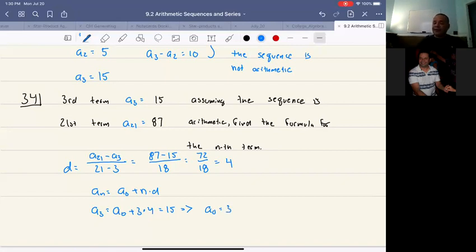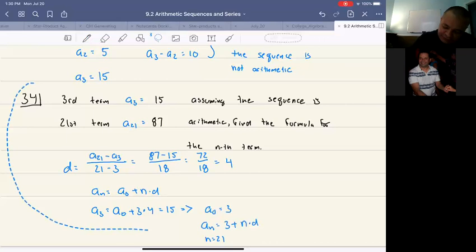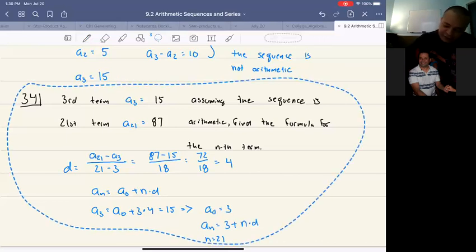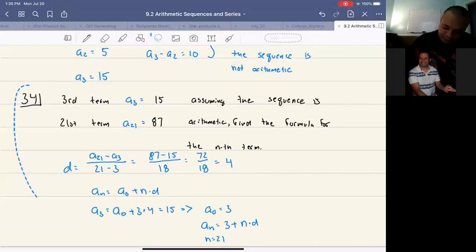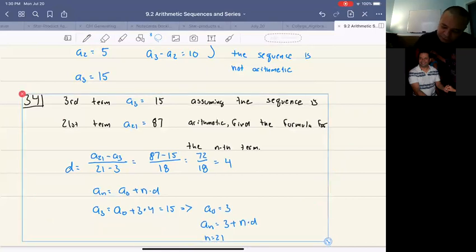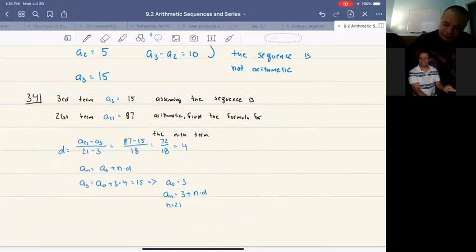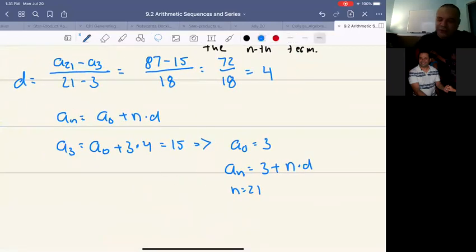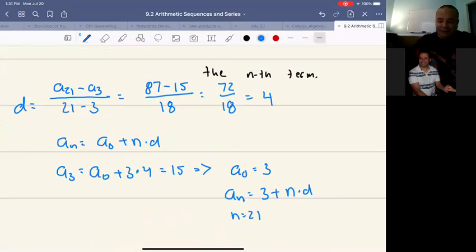Now, as a sanity check, I'm going to check the other one. So now I have my formula: a sub n equals 3 plus n times d, with d equal to 4. I'm going to check n equals 21. We expect to get back our 87.